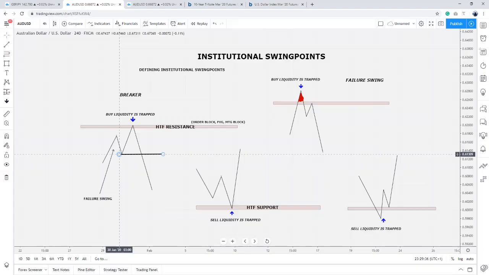Probably give it a watch again, and then come back to this video so you can understand what I'm saying about institutional swing points. The first thing you need to have down on your charts is the higher time frame level where IPDA is going to try to drive price into, and where we could see a pricing around that level. Okay, that's the first thing you want to do.